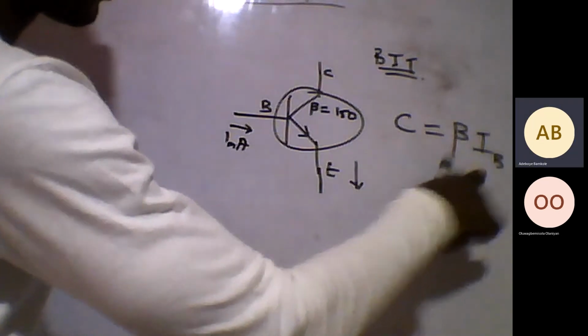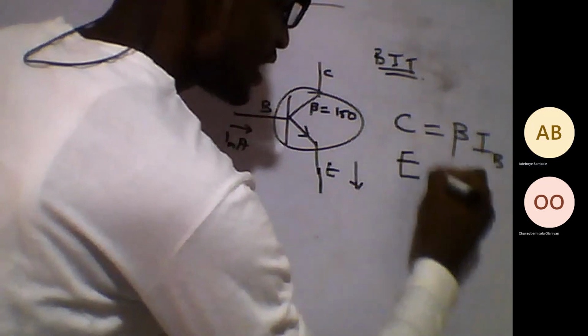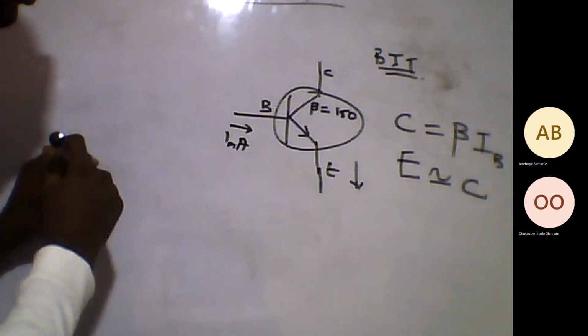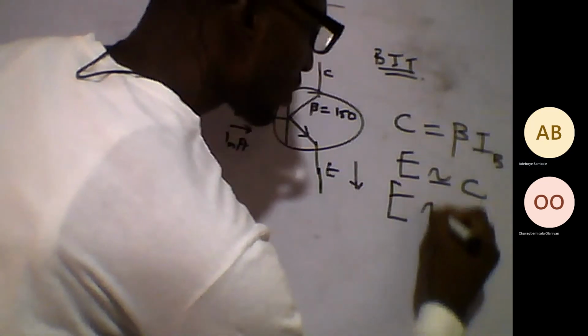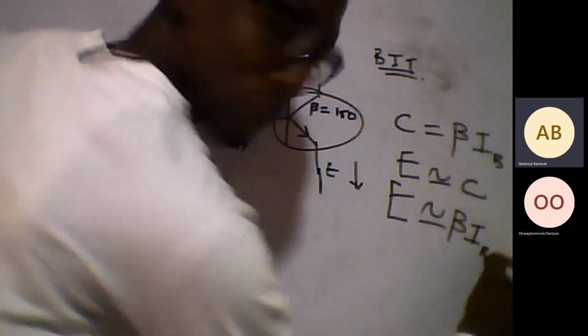Yes, sir. And also, we have that your IE is approximately equals to your what? IC. Yes or no? Yes, sir. So that means it is safe to assume, to write, that your IE is approximately equals to what? Beta IB.